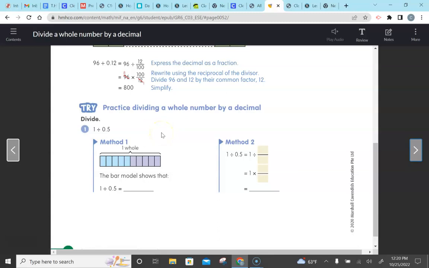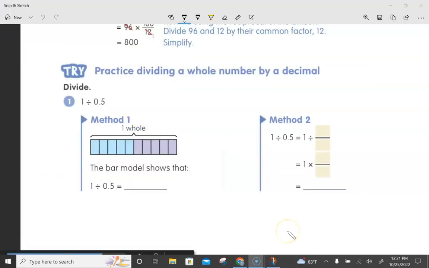Okay, so there is the ability to use a bar model for this type of problem. And you can see with this method, you draw the bar model, the 1 bar, and you divide it into tenths. And why do you divide it into tenths? Because you're dividing it by 5/10. So you divide it into 10 sections.